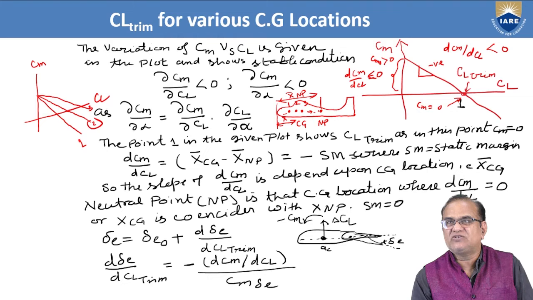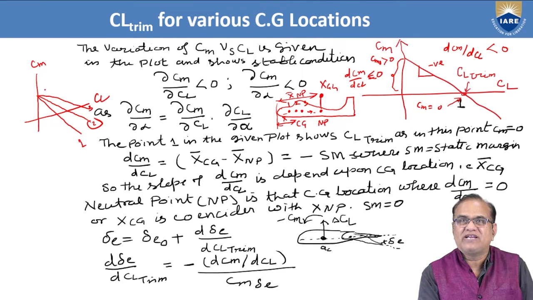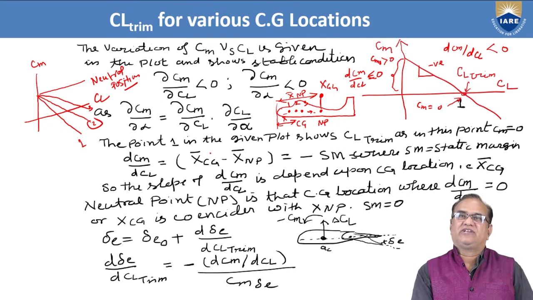And if it is reaching to this neutral point, then NP and XCG will be the same. If this is the point, here it will be parallel to this, and this is called the neutral position. The aircraft will maintain the neutral position as and when it is reaching the correct situation.